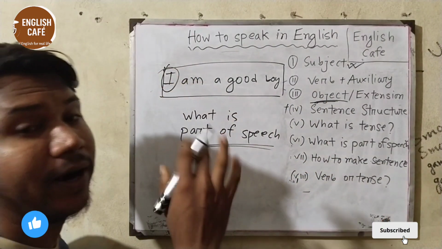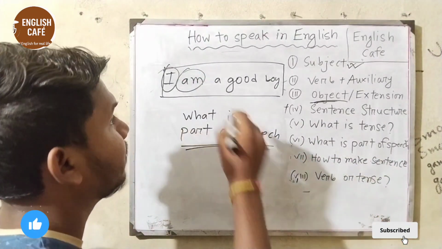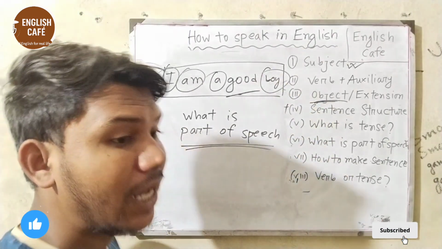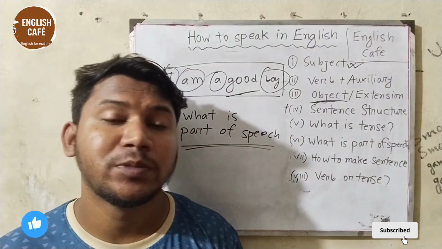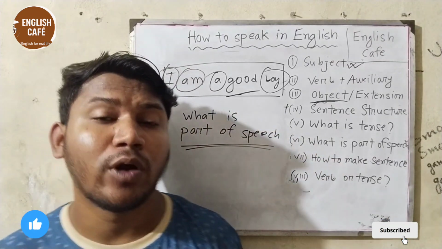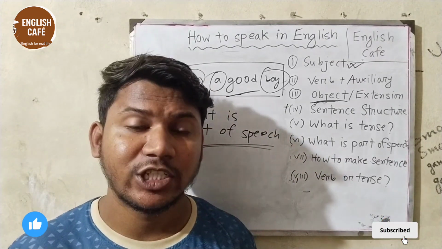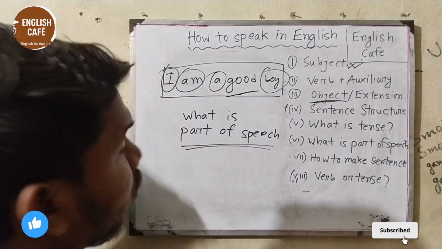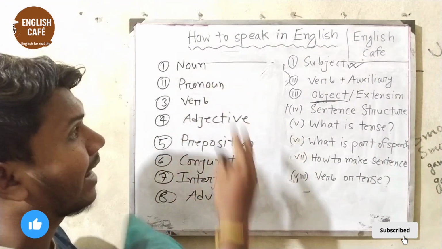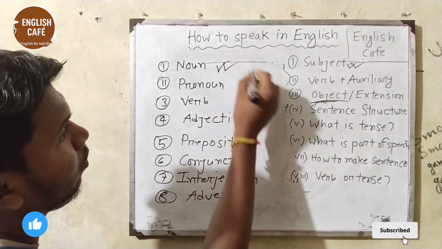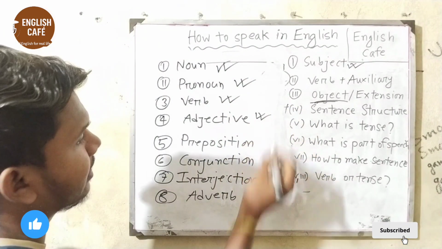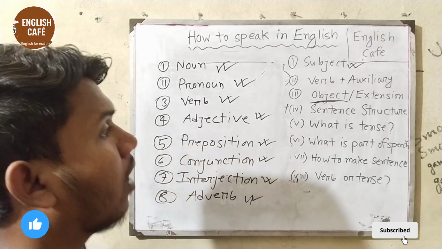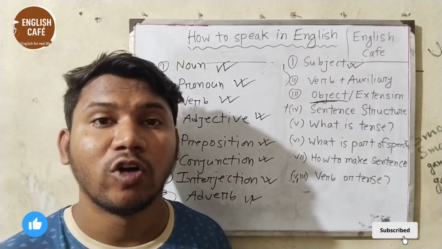Like I is a part of speech, am is a part of speech, a is a part of speech, good is a part of speech, and boy is a part of speech. So there are 8 types of parts of speech, and that is noun, pronoun, verb, adverb, adjective, preposition, conjunction, and interjection. So now I hope all of you are clear about part of speech.